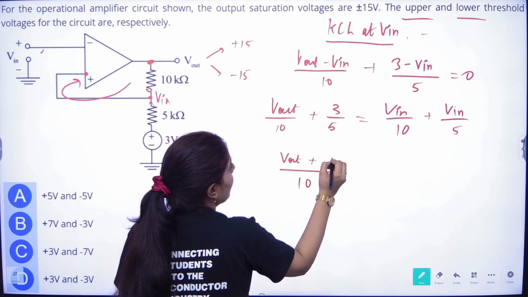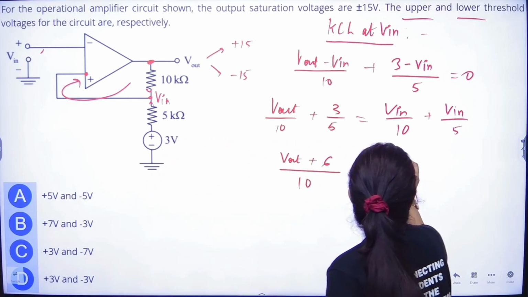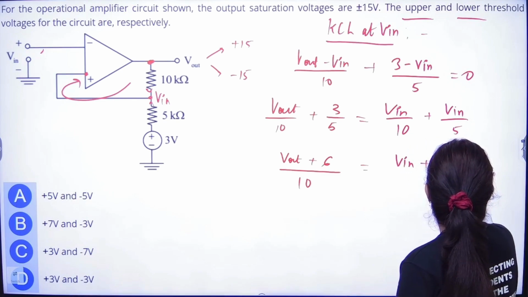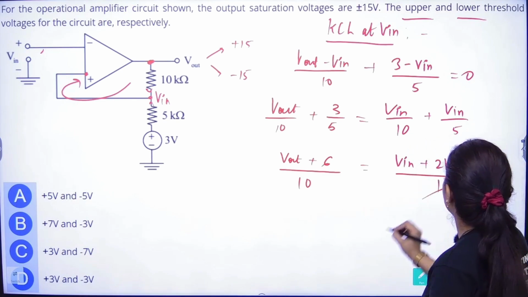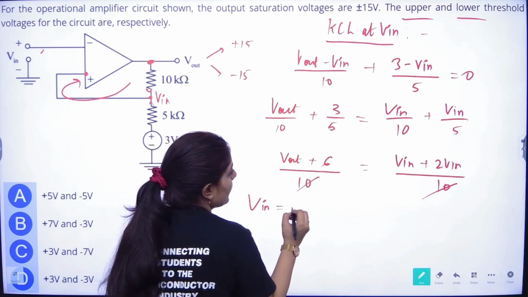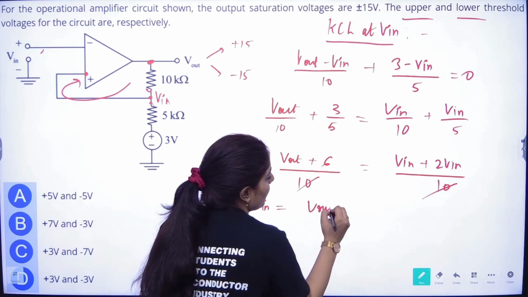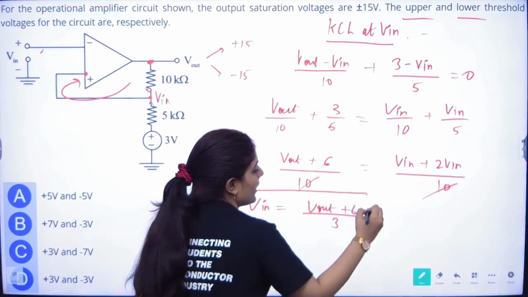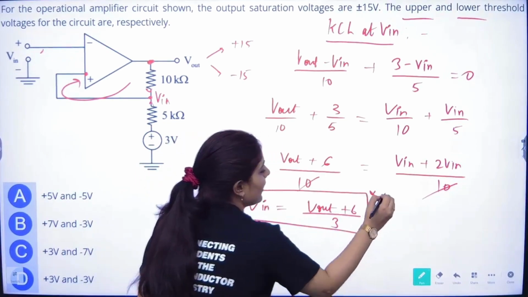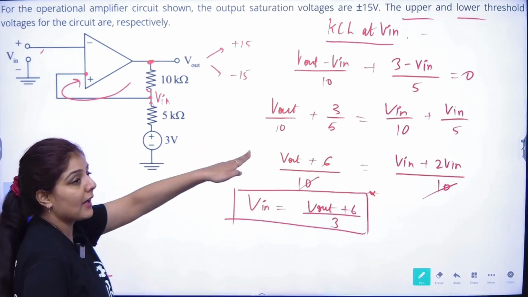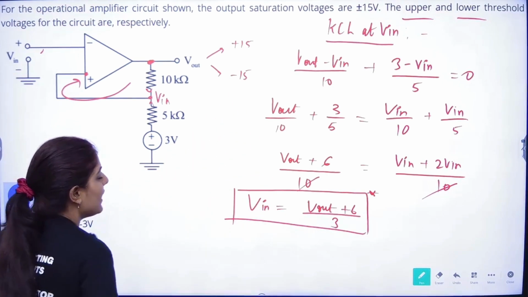V out plus 6 is equal to V in plus 2V in, divided by 10. This will cancel out. So what will be the value of V in? That will be (V out plus 6) divided by 3. So this is the relation. This is the first step to calculate the threshold voltages. Now we have to just put the maximum and the minimum values of the V out, right?